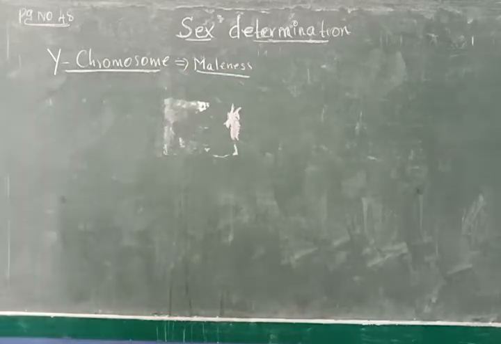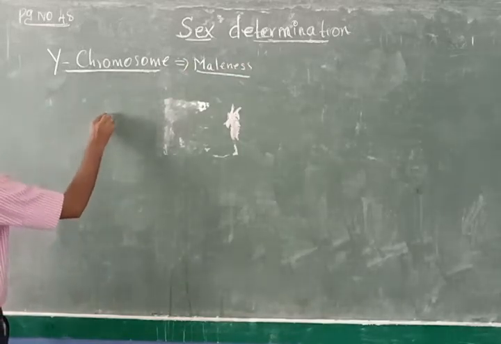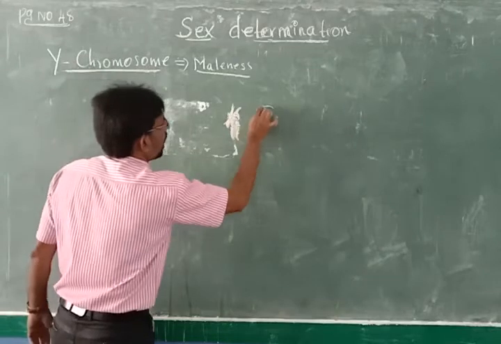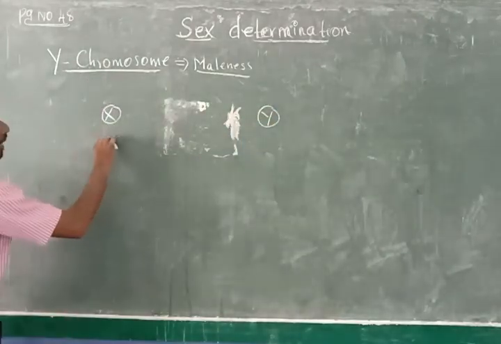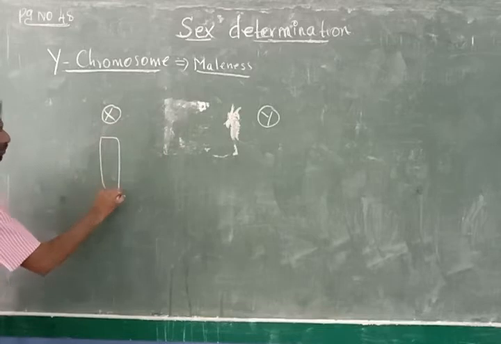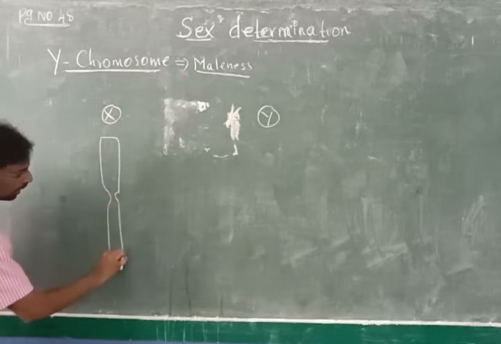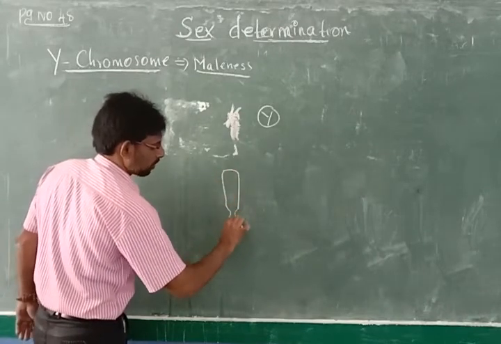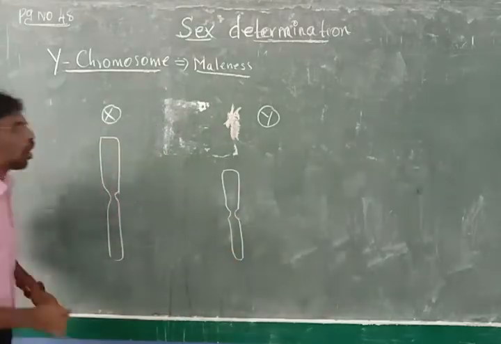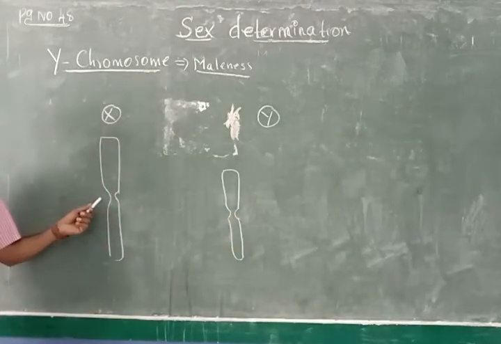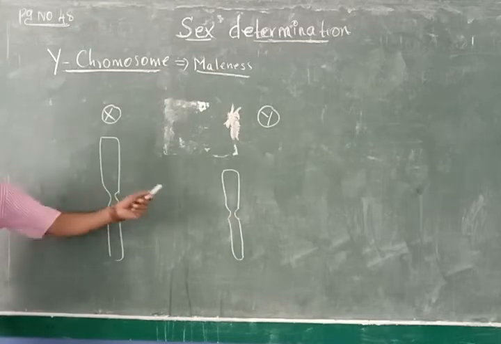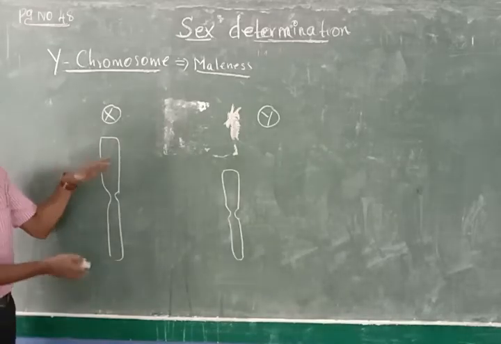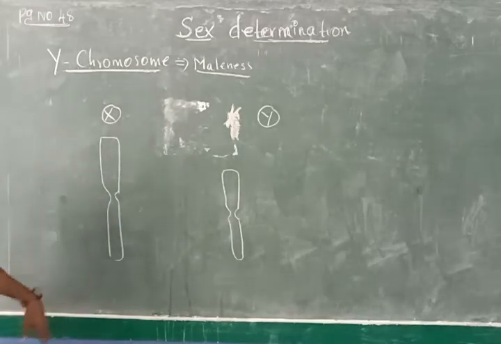Now when you compare the X chromosome and the Y chromosome, this is an X chromosome and this is the Y chromosome. Both of these chromosomes are entirely different, even in size, in shape, as well as in the number of genes present inside.